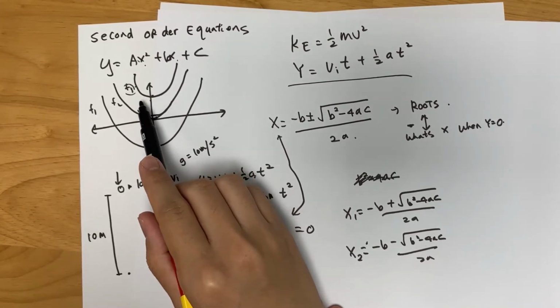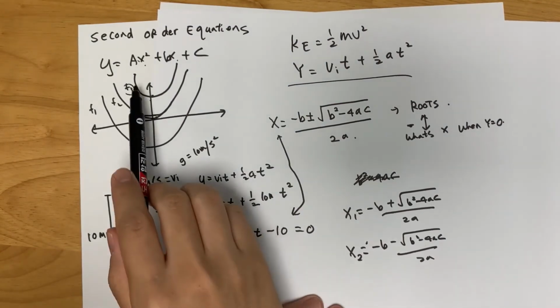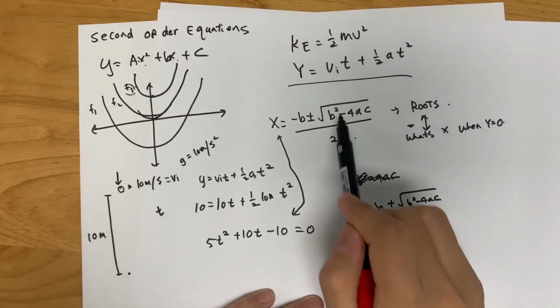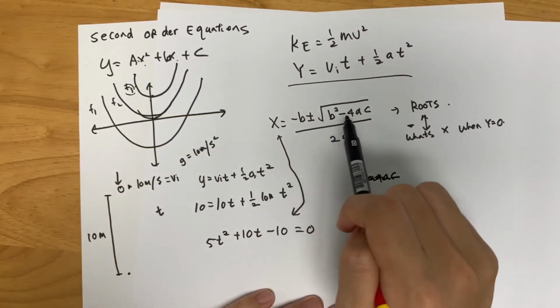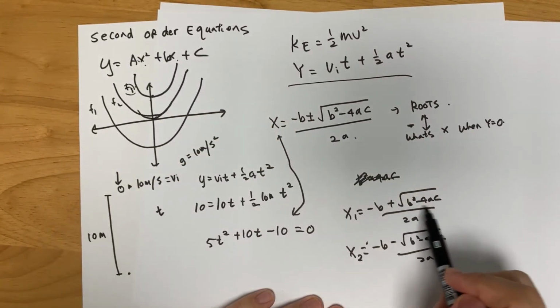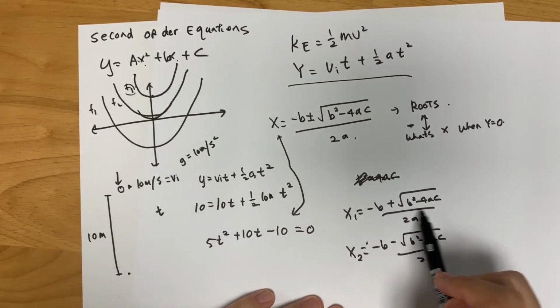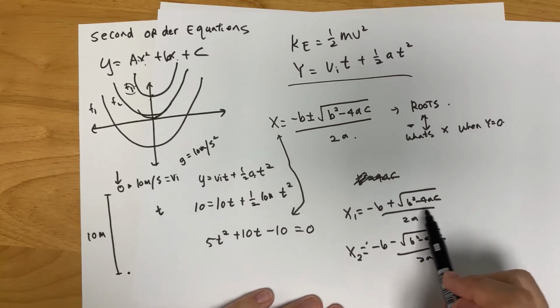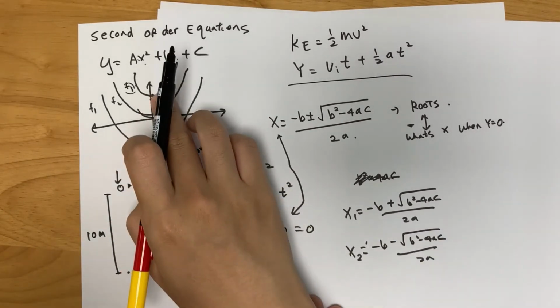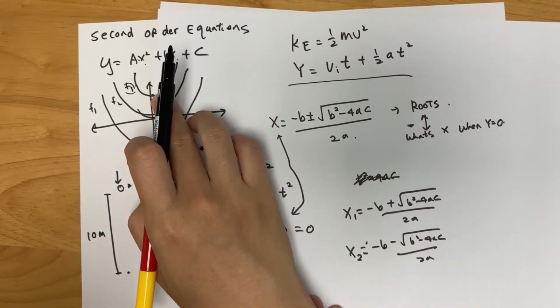No. Then there's no root. Then there should be no answer. The reason is because b squared minus 4ac becomes an imaginary number that does not exist. That's why it does not have a solution, right?